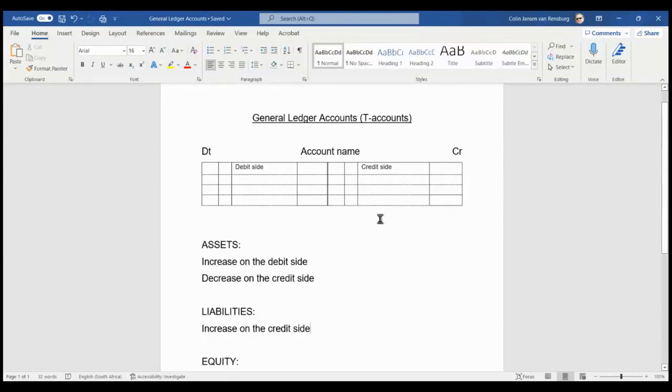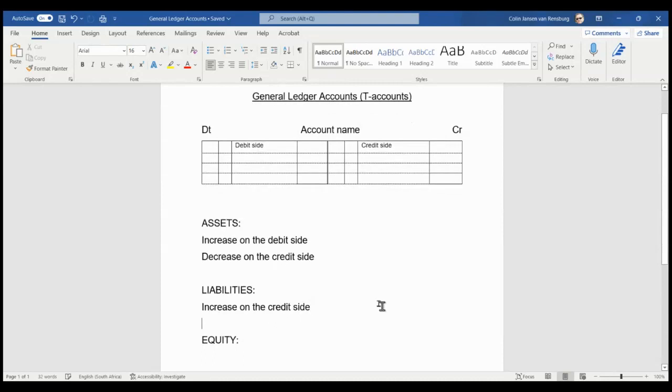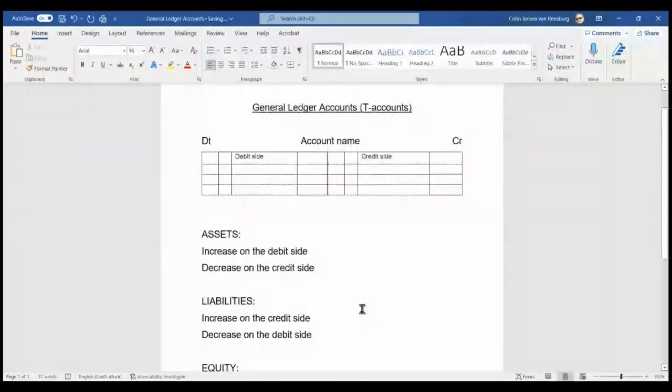If you repay the loan, ladies and gentlemen, if we look at the whole entry, you're going to credit your bank account because money flows out of the bank account, and then you are going to debit the long-term loan account or whatever liability it is, so it will decrease on the debit side.